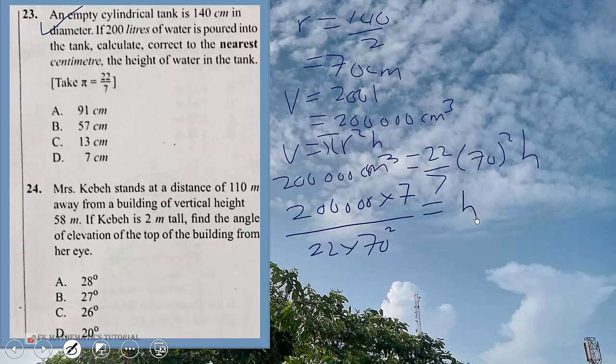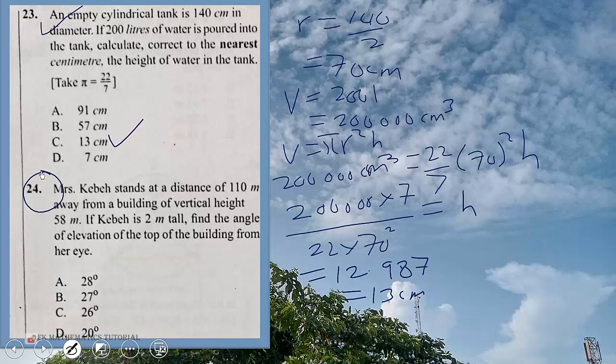And this will evaluate to 12.987, which is approximately 13 centimeters. So the correct answer is 13 centimeters.